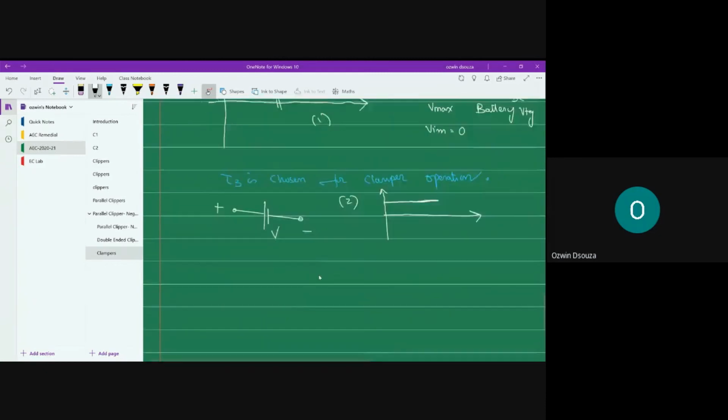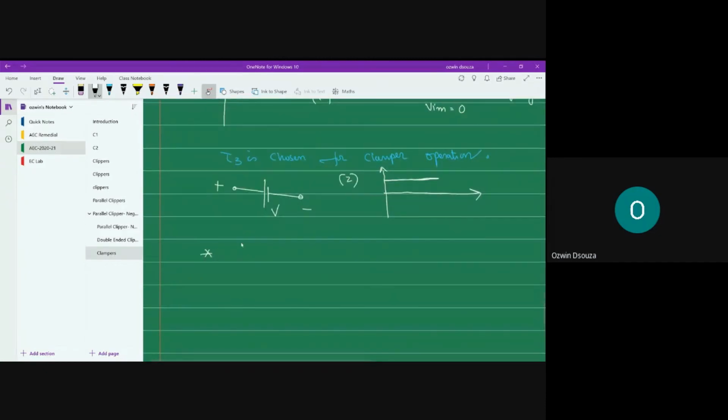right? So in our explanation, what we do is, by choosing a high time constant, the capacitor is treated as dash.